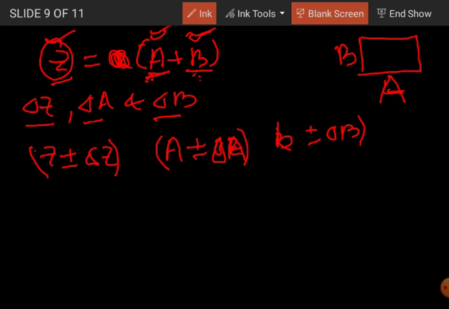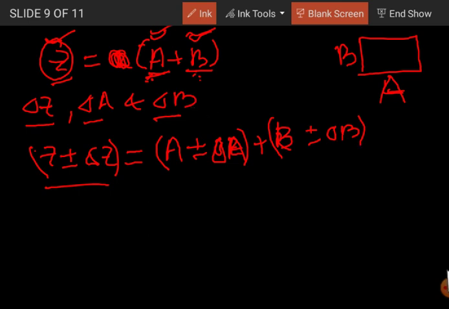As Z is expressed as a sum of A and B, its measured value will also lie between these two. So your measured value Z plus minus delta Z will be equal to A plus minus delta A plus B plus minus delta B. Got it?